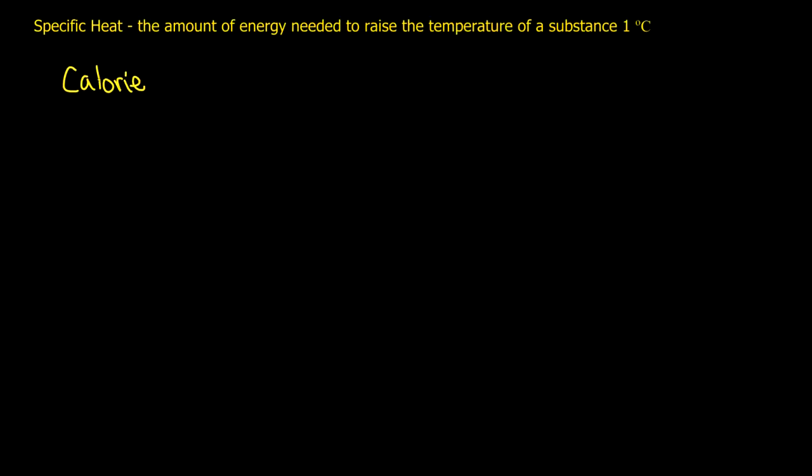Now, the difference between a calorie and specific heat is pretty much what substance we're dealing with. Specific heat is for any substance. A calorie is the amount of energy needed to raise the temperature of water 1 degree Celsius.